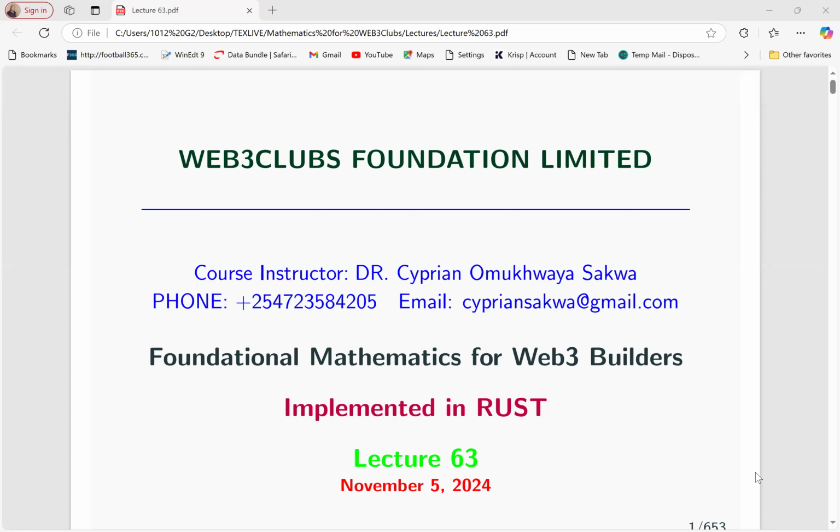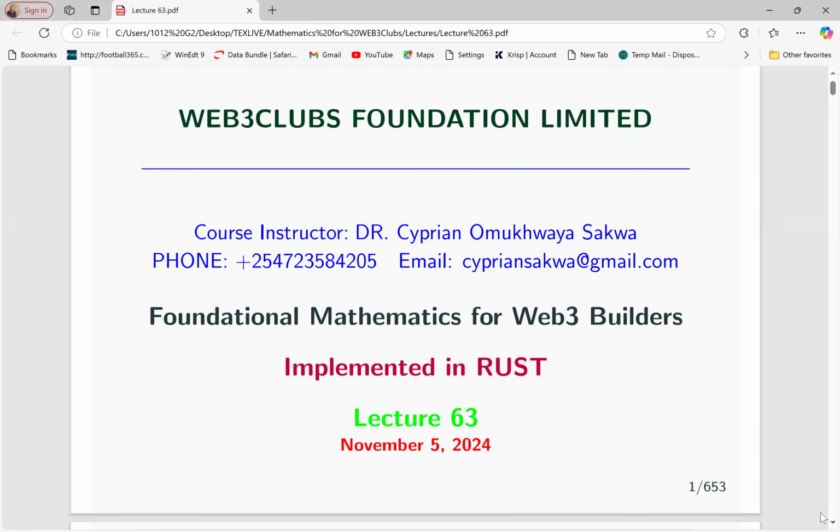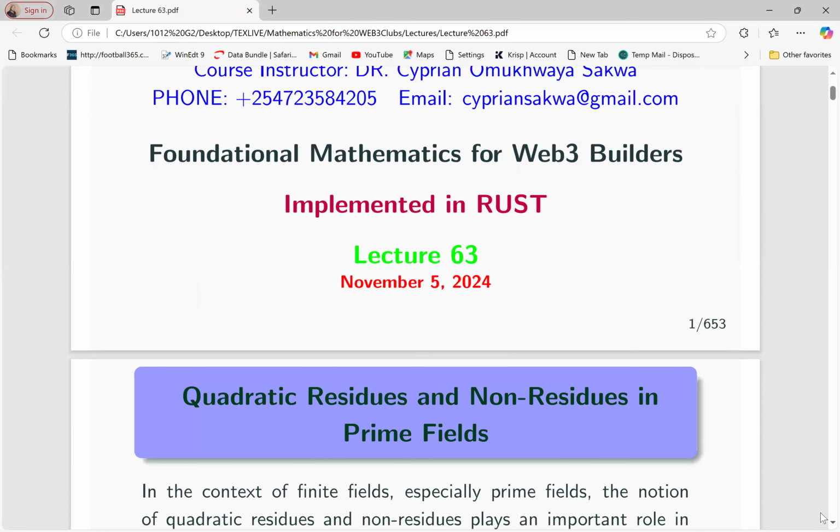We continue with our lessons in programmable mathematics. We were looking at fields, prime fields, and today we want to look at a very important concept in prime fields, the concept of quadratic residues and non-residues.